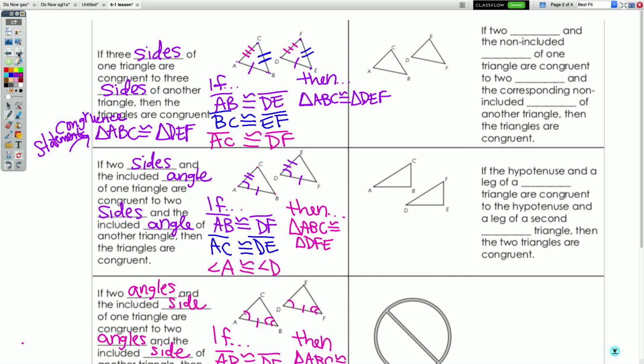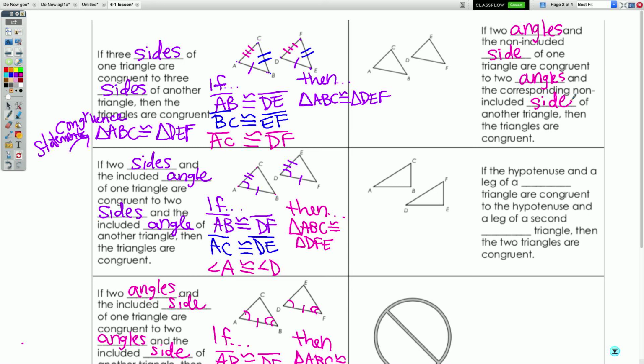Alright, so if two, what do they give me two of? Angles. And the non-included side of one triangle are congruent to two angles and the non-included side. So I'm going to write down what you should mark down.